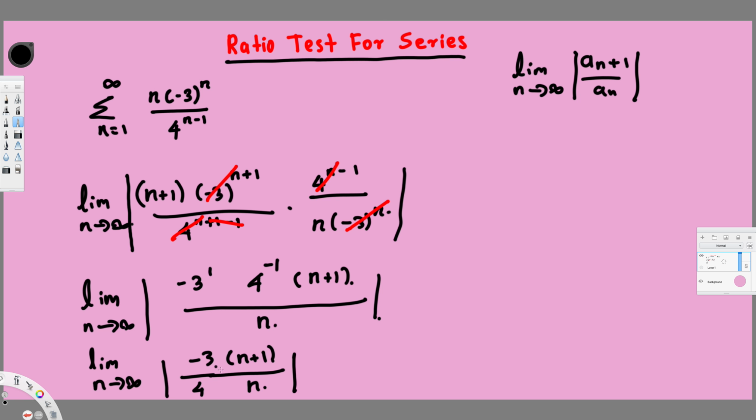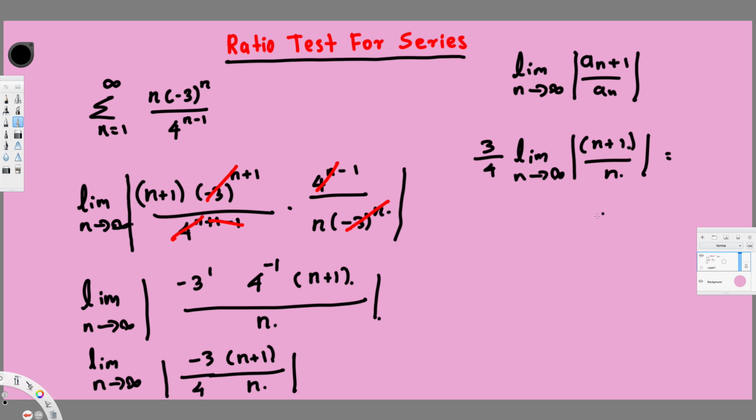Here we can move all the numbers to the front. If you take a value out of the absolute value, it becomes positive. So here we have negative 3 over 4, and if you bring it in front of the limit, it becomes positive 3 over 4. Then we take the limit as n goes to infinity of n plus 1 over n. Now we have to find the limit of this.